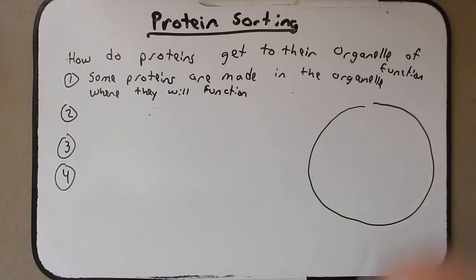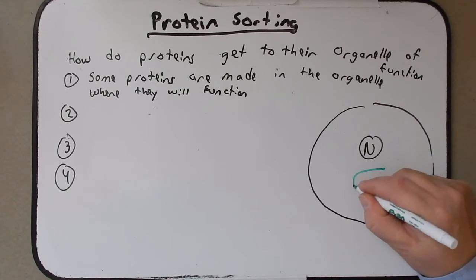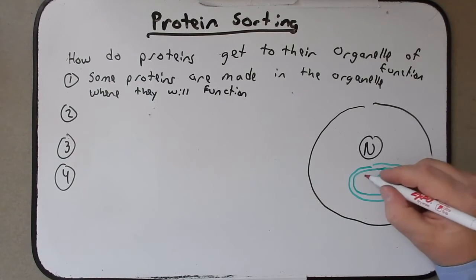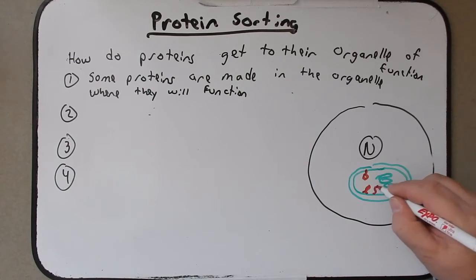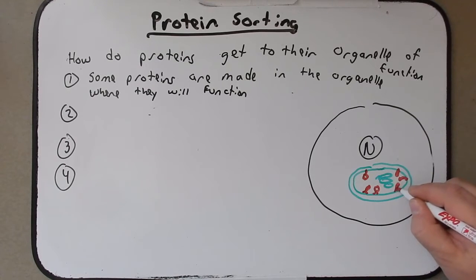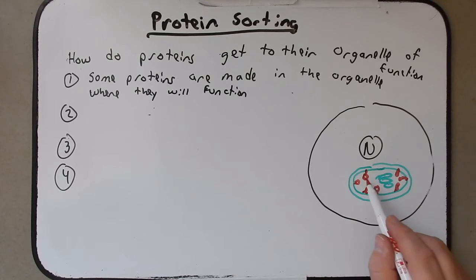So if we have our cell here with our nucleus right here, and we have a chloroplast, remember the chloroplast and mitochondria have their own genomes. I usually just draw one, but remember each one of these chloroplasts has many copies of their genome. For the chloroplast to do its job, it needs these genes.